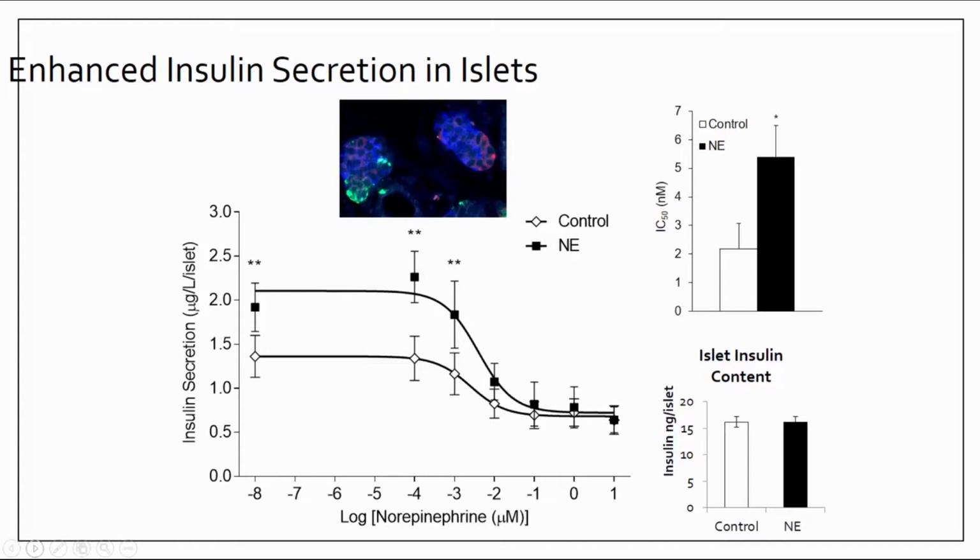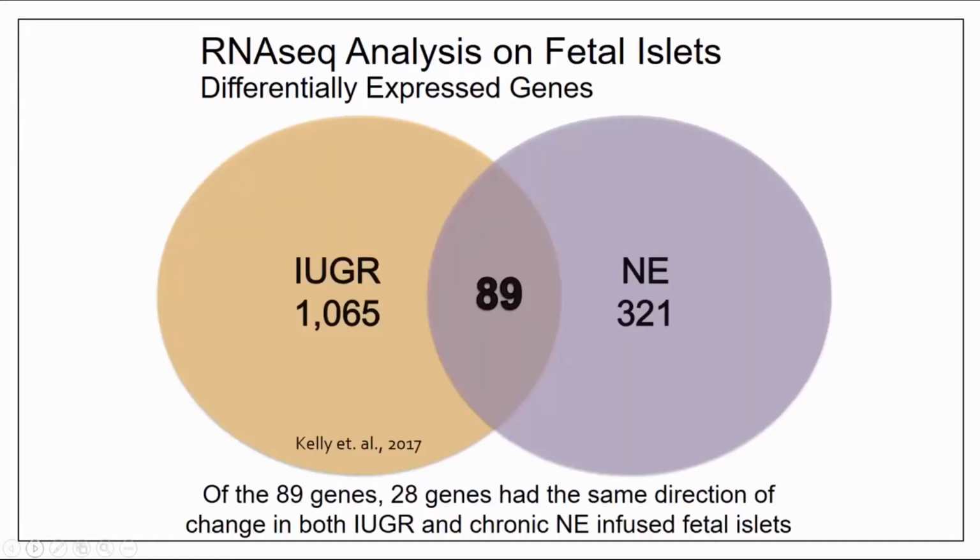So we heard a little bit about RNAseq earlier today, and this is now taking those islets from either the placental insufficiency group or the norepinephrine infused group, looking at the transcriptome, identifying the differentially expressed genes, and then comparing those lists across each other. We're able to identify around 1,000 differentially expressed genes in the IUGR, and around 300 in the norepinephrine infused.